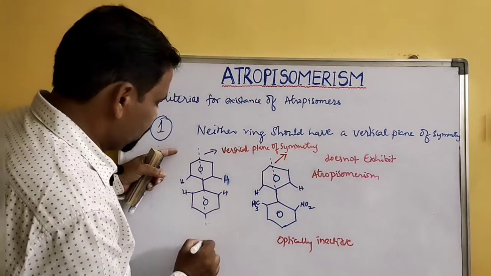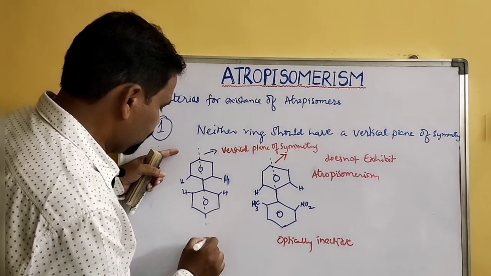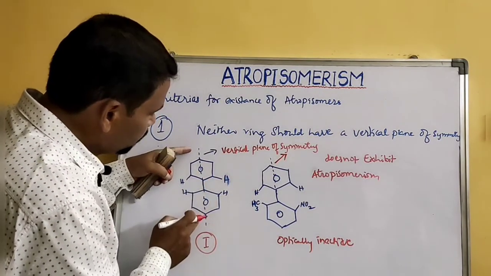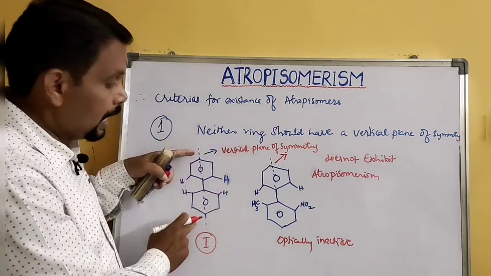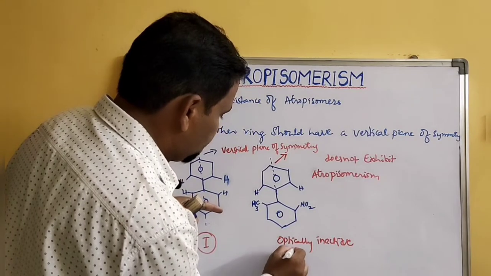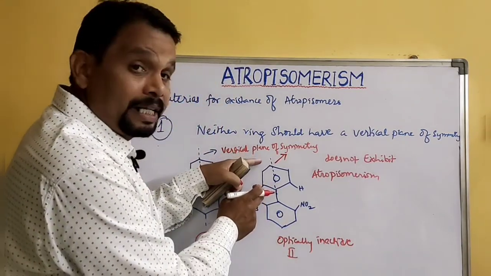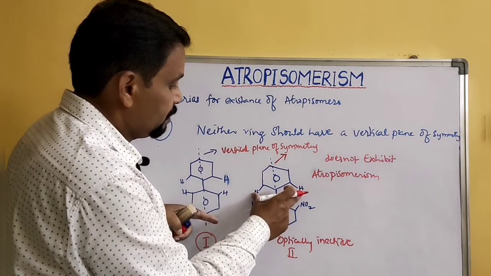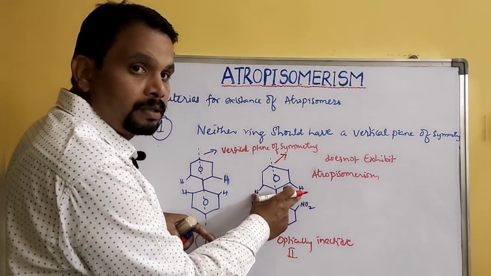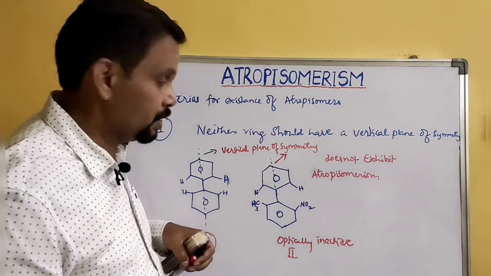In this first example, both the rings have a vertical plane of symmetry, and in the second example only the upper ring has a vertical plane of symmetry because of similar groups substituted at the ortho position.